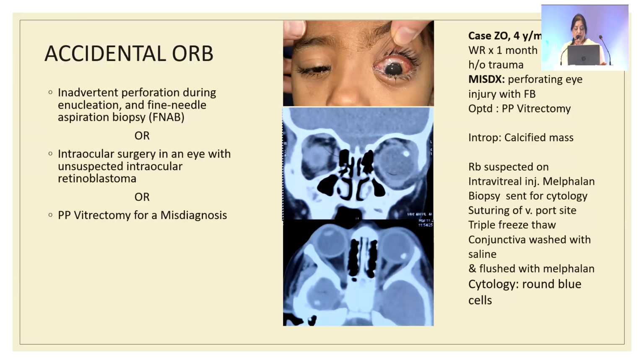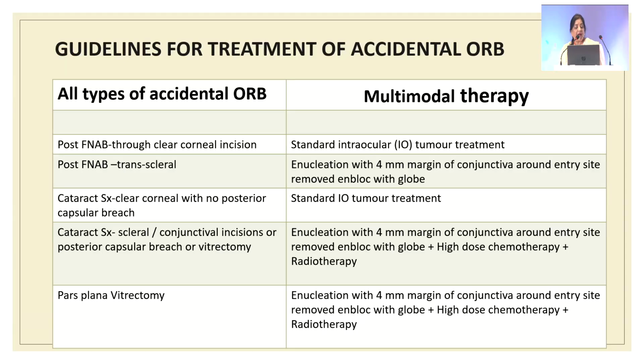And the suturing of the vitrectomy ports, triple freeze thaw. The conjunctiva was washed with saline and flushed with melphalan. Cytology confirmed this. So the guidelines for treatment of accidental retinoblastoma have been given, and when vitrectomy is done, then enucleation with 4 millimeters of margin of conjunctiva around the entry site is removed en bloc, and high dose chemotherapy and radiotherapy are given.